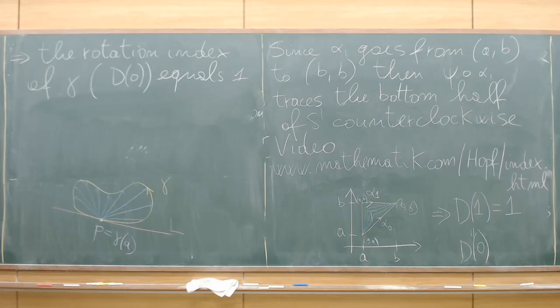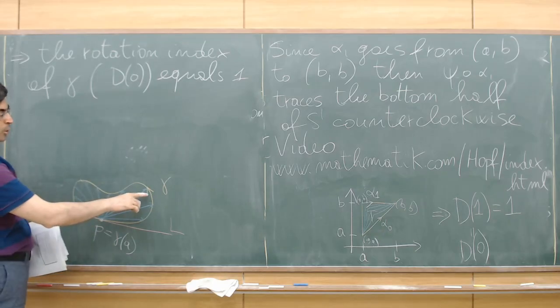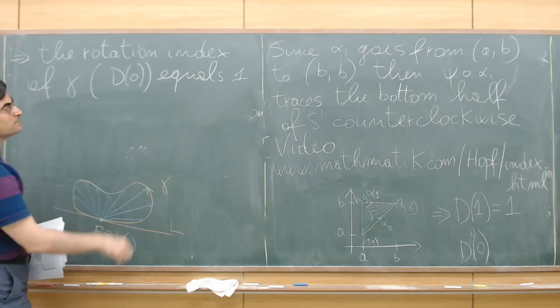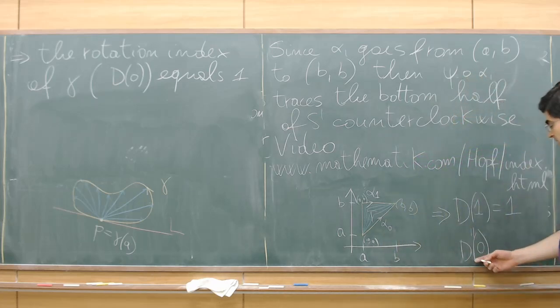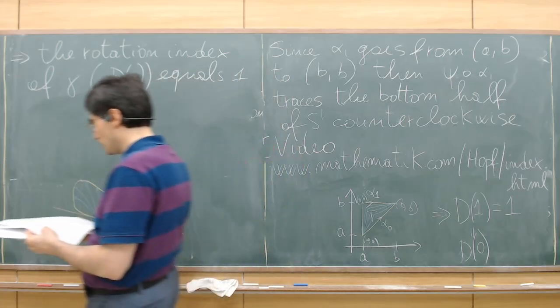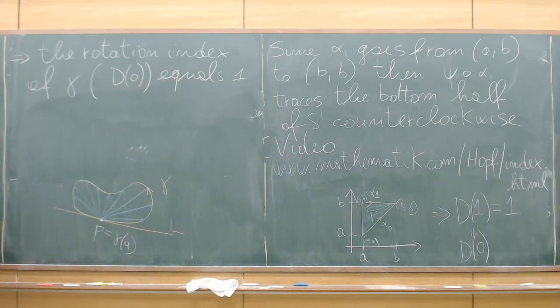Please observe that if you work with the opposite orientation of gamma, you will get that d0 is negative 1. Okay, this is the end of the proof of the Hopf Umlaufsatz. Now let's try to prove the Jordan curve theorem.